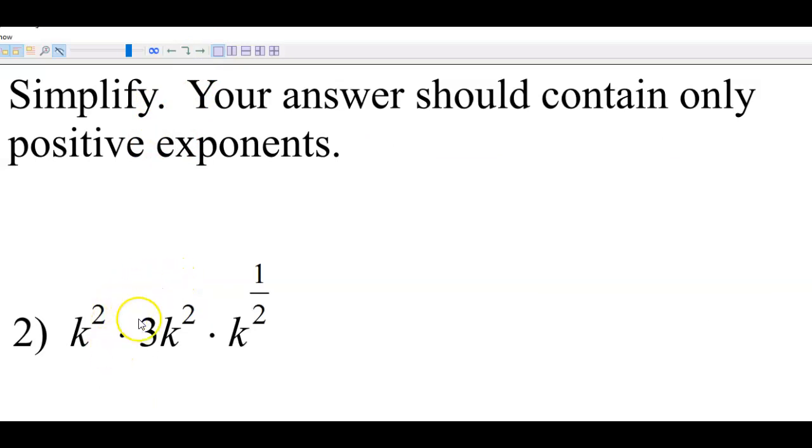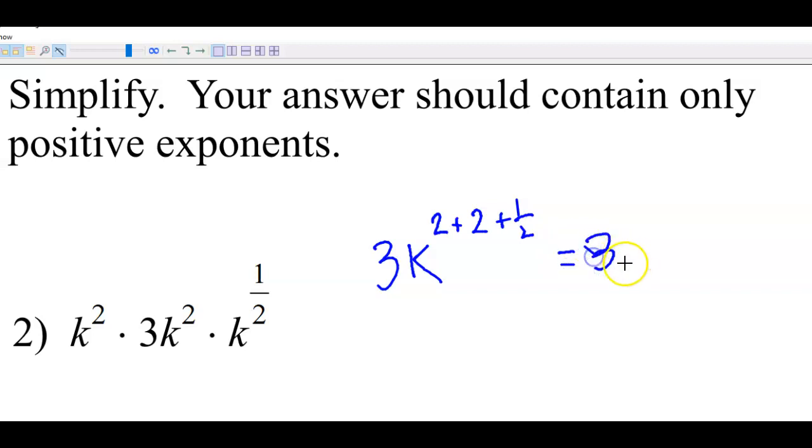So here I have k squared times 3k squared times k to the 1/2. So the 3, we can just pull that out front. There's 3 k's multiplied together, and I would just go ahead and add their exponents together. So to get the exponent on k, 2 plus 2 plus 1/2. So this equals 3 k to the 4 plus 1/2.